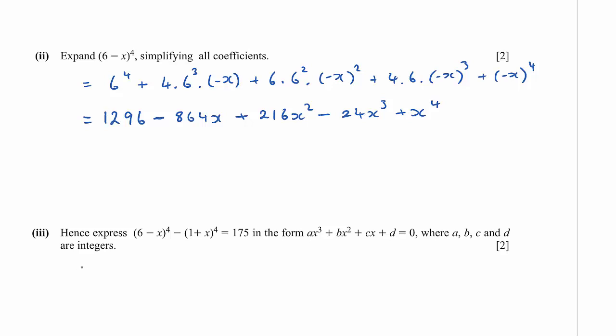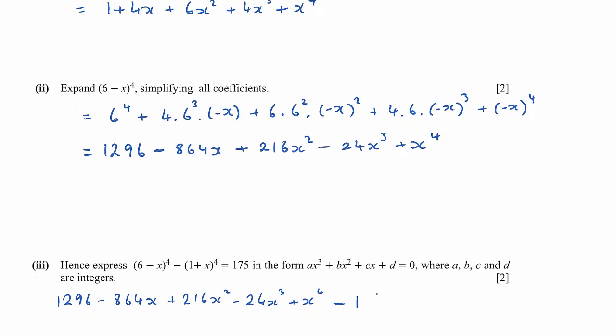So (6 − x)^4 is 1296, take away 864x, plus 216x squared, take away 24x cubed, plus x to the 4, take away 1, take away 4x, take away 6x squared, take away 4x cubed, take away x to the 4, and that's going to be equal to 175.